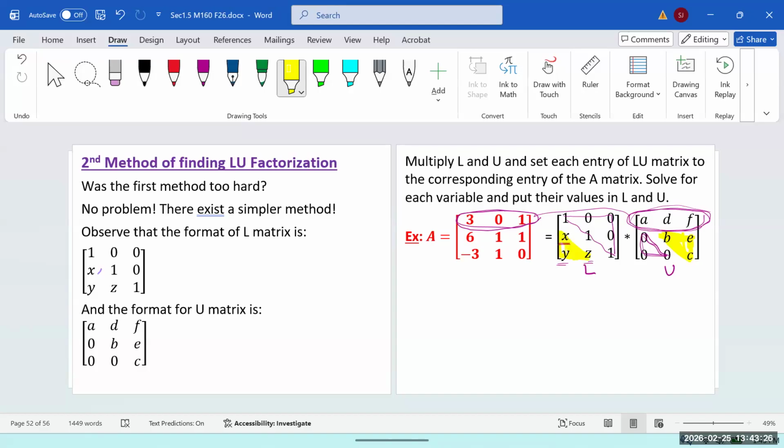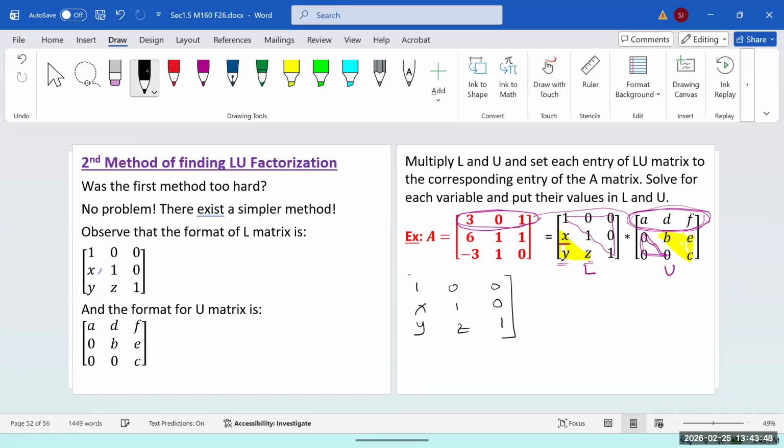So what you're going to do, you're going to multiply L with U, and then you're going to get the right side of the equal sign from A. For example, let me write this down. We have 1, 0, 0; x, 1, 0; y, z, 1.